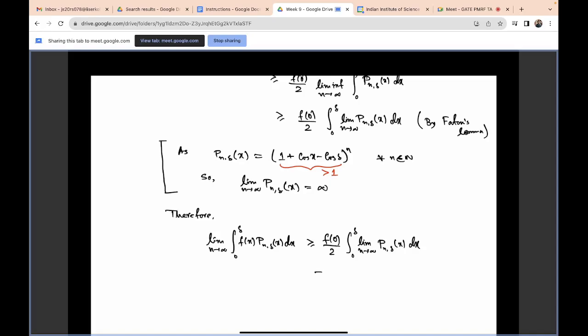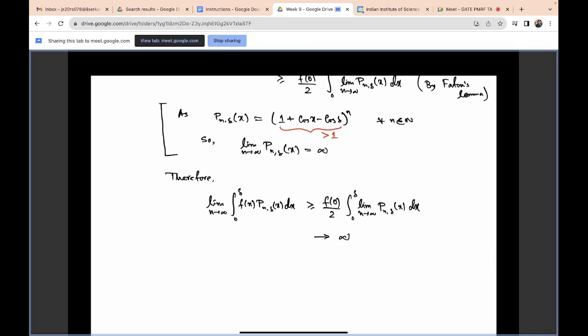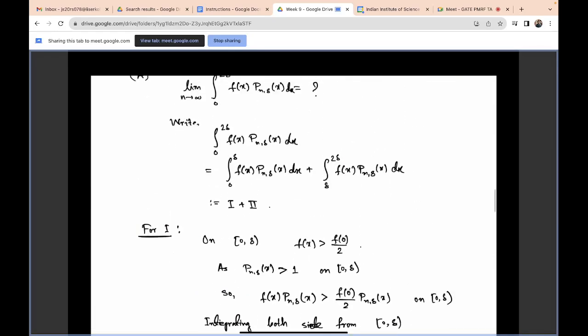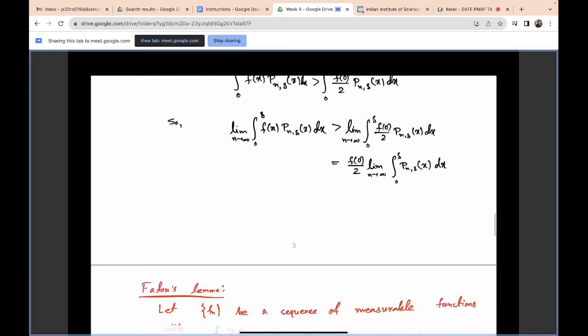So this limit goes to infinity, therefore this will diverge to infinity, which is the same as saying that the limit as n tends to infinity of the integral from 0 to delta of f(x) P_n,delta(x) dx is infinity. So in 0 to delta we have that this limit is infinity, so we have checked this first one, that this is infinity. What is now the second one? Let's check this one.